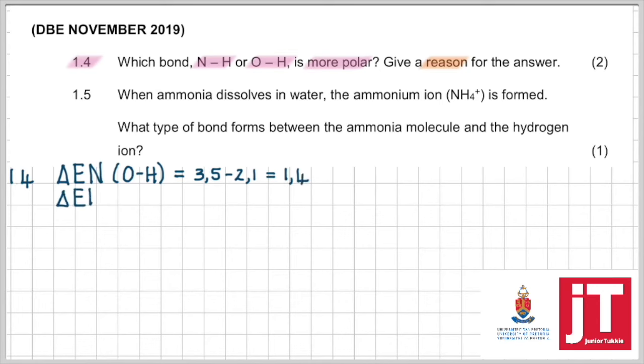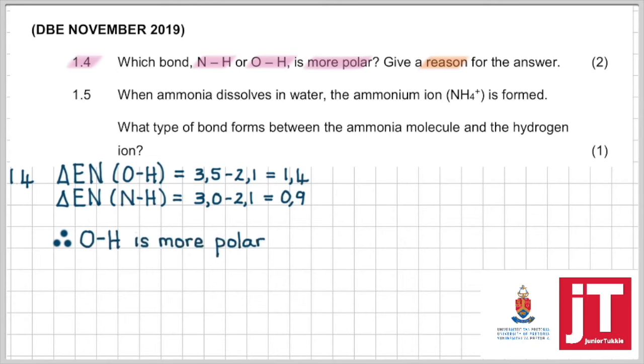We perform a similar calculation for the bond between nitrogen and hydrogen. The electronegativity of nitrogen is 3, while that of hydrogen is still 2,1. 3 minus 2,1 gives us an answer of 0,9. 1,4 is bigger than 0,9, and we can therefore conclude that the bond between oxygen and hydrogen is more polar.